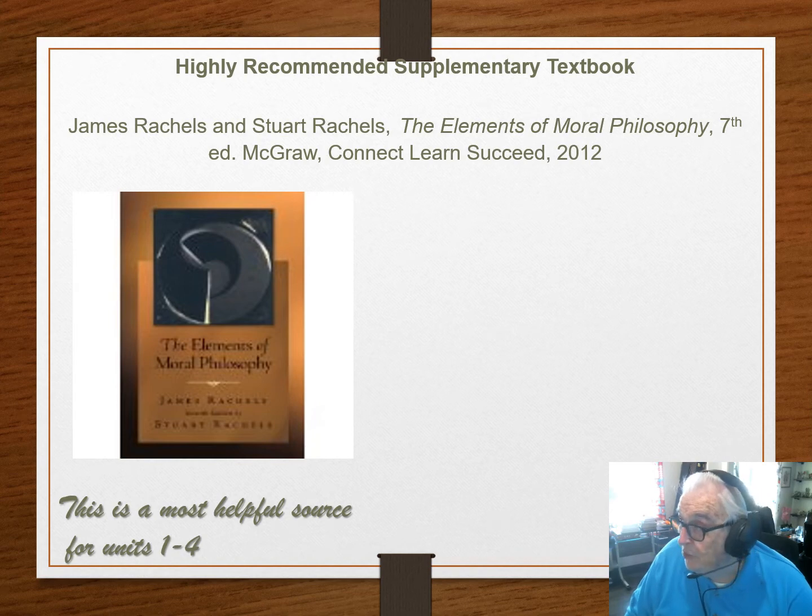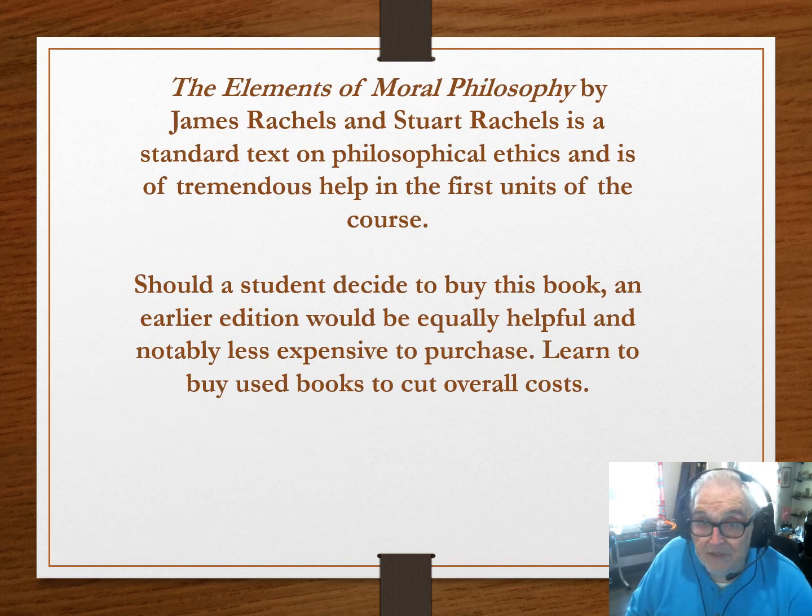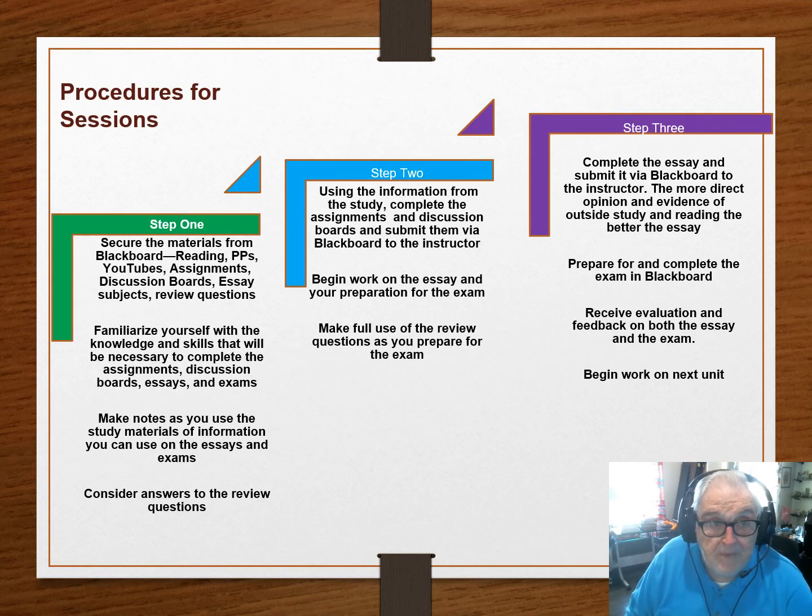I will tell you a very good thing about this. While this is a standard text on philosophical ethics, if you had an earlier edition, it would be notably less expensive to purchase and almost equally helpful. So learn to cut cost on books where you can.